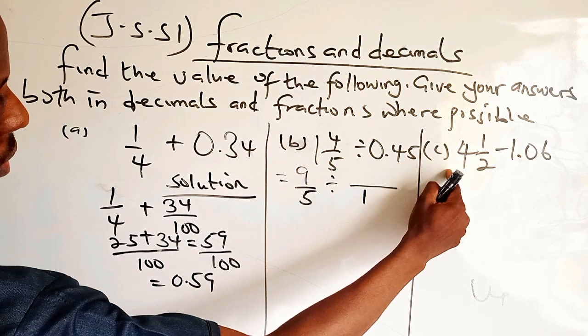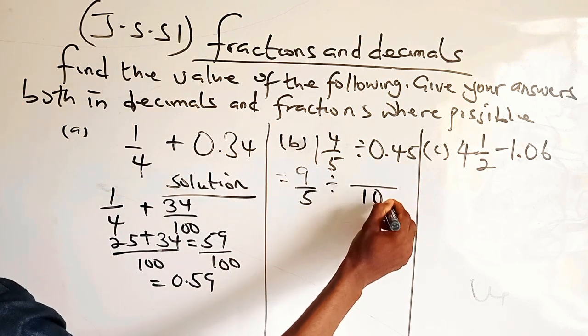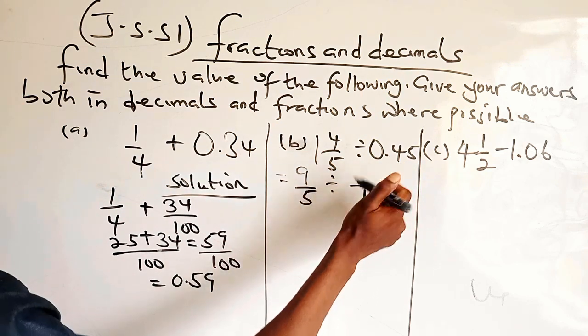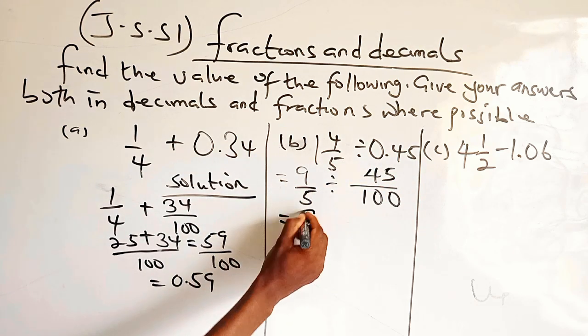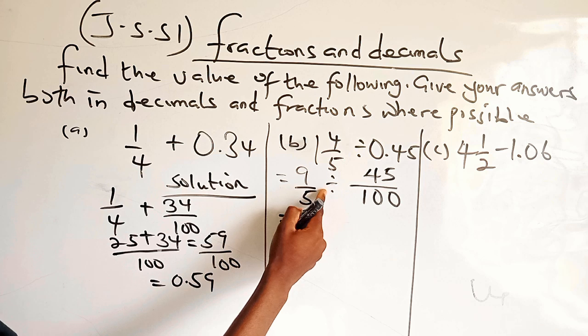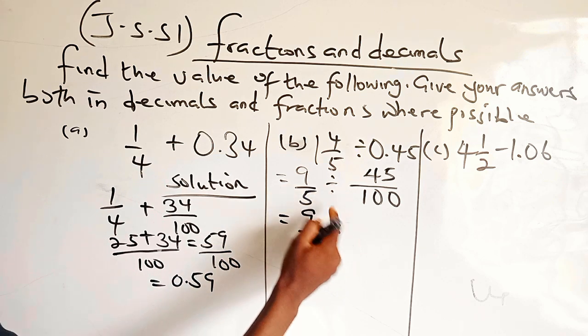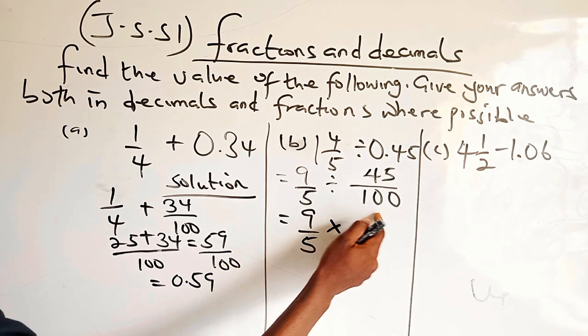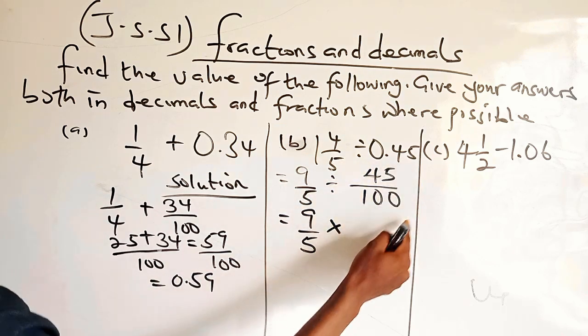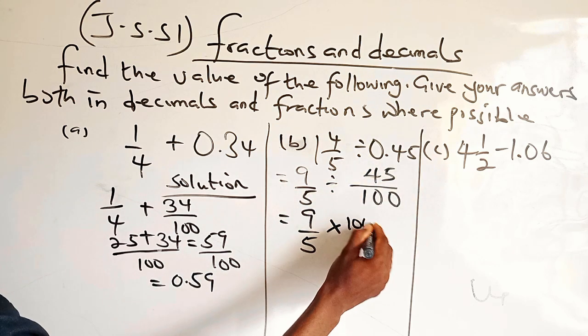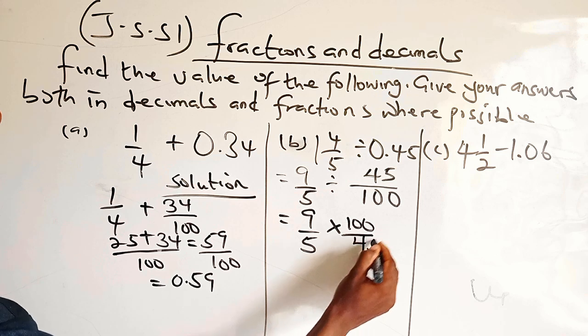Every other number after the point turns to 0. So I have 0, I have 0. So here I have 45. Okay. So from here I have 9 over 5. So my division changed to times. So by the time I change my division to times, I reciprocate, meaning the denominator comes up, the numerator comes down. So I have here 100 over 45.